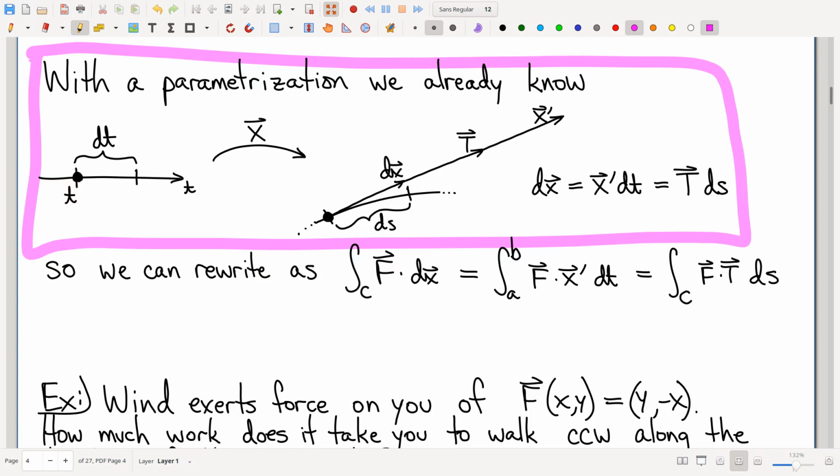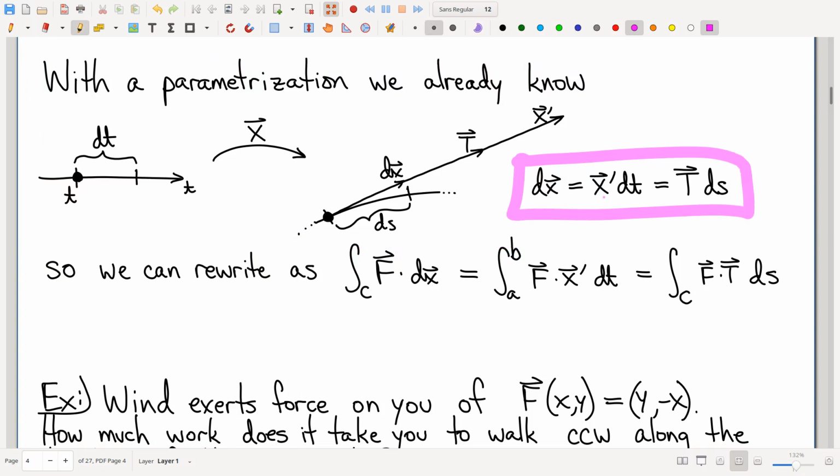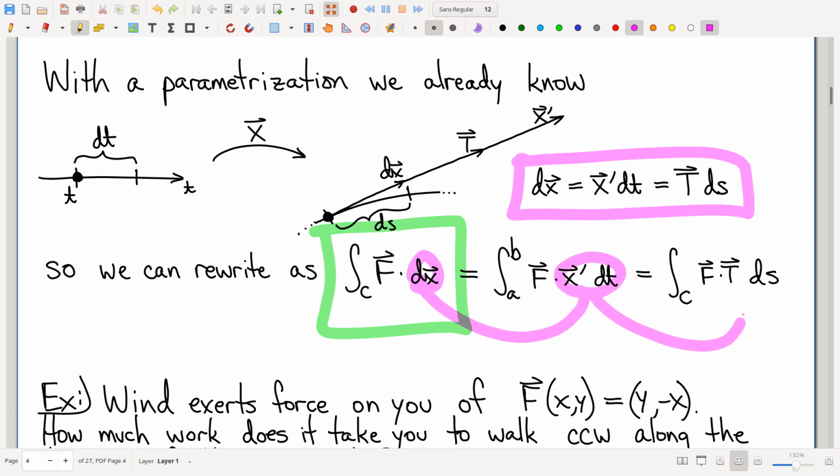And then further, don't forget that we have these relationships that we argued back at the start of chapter 3. I want to say 3.2. I can't remember for sure. Anyway, established long ago. And notice that allows me to rewrite my formula, or our expression that we had previously anyway, for a vector line integral, because our dx can be rewritten in any of those ways as established up here.